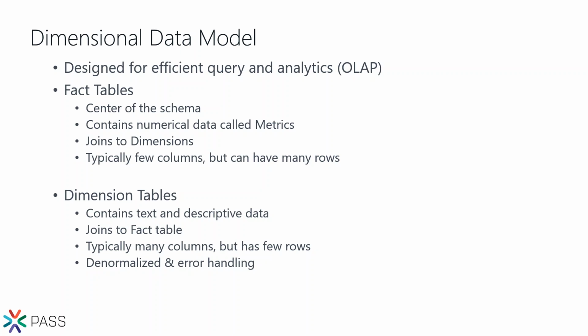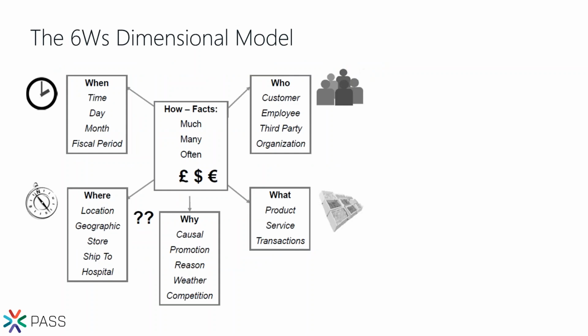Compared to the fact table, it has many columns but very few rows. From a .NET programming perspective, you can relate it to enum type variables. The dimension table is denormalized, and it's designed for error handling.